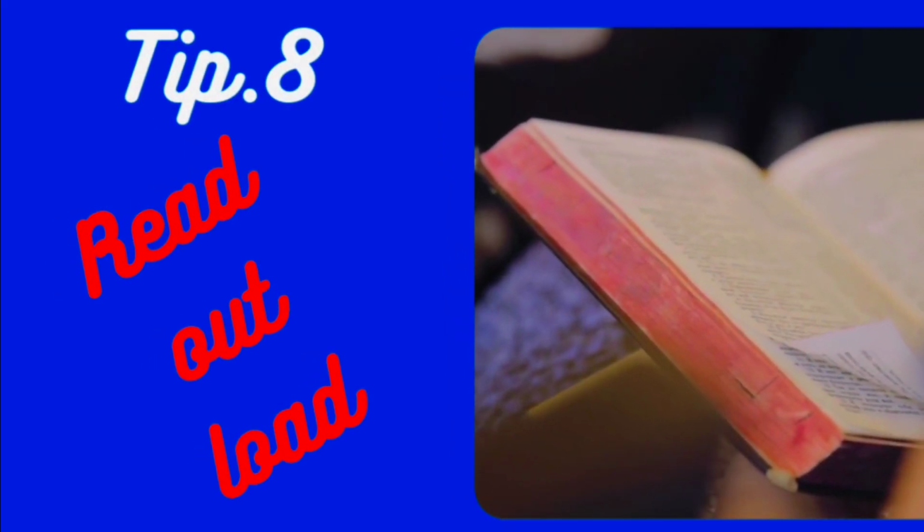Tip number 8. Read out loud. After listening and shadowing techniques, your ear will get some pronunciation rules, and in order to apply those rules, I want you to read out loud. This way, while you're reading out loud, your ear will play the role of your pronunciation coach.